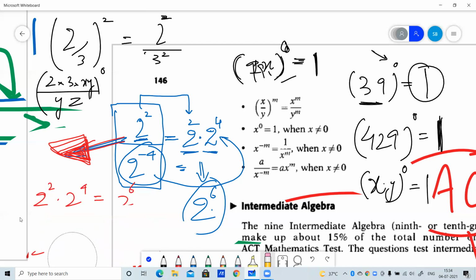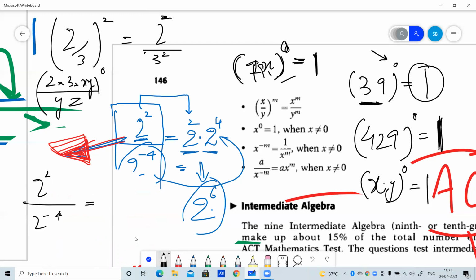Now I'll give one more example. 2 to the 2 divided by 2 to the negative 4. What is the second rule of exponents again? You have to subtract the exponents.